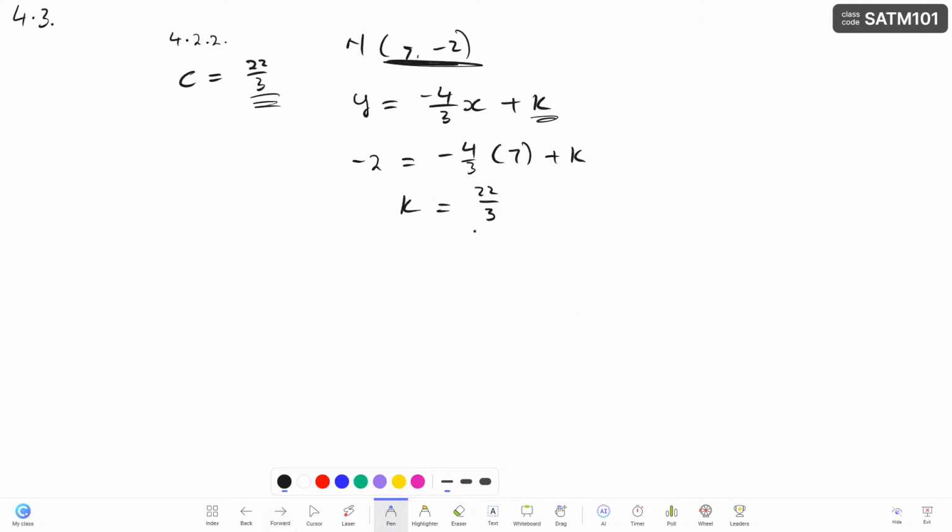So now we need to substitute for P. So remember, we got our P as what? As -1 and -8. So now we are going to say y is equals to -4/3x plus k. So now let's substitute. It's going to be -8 is equals to -4/3, then here you are going to substitute -1 plus k.